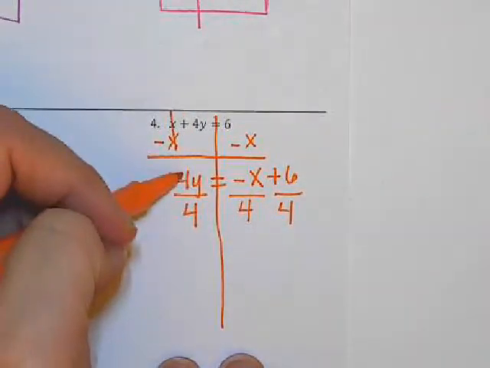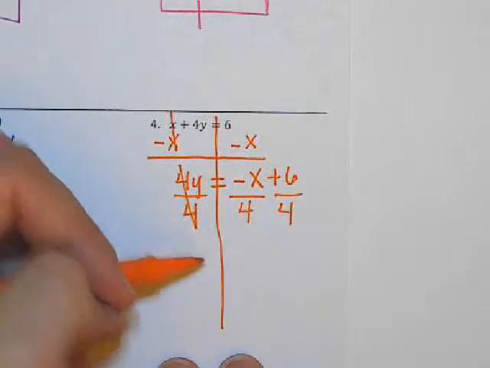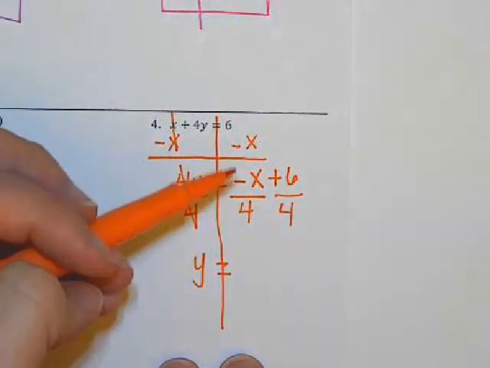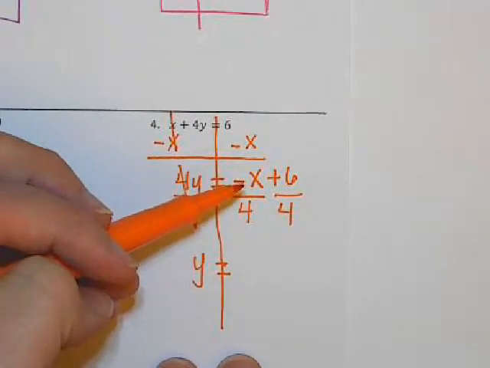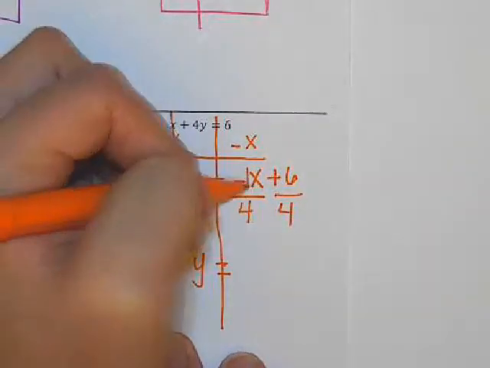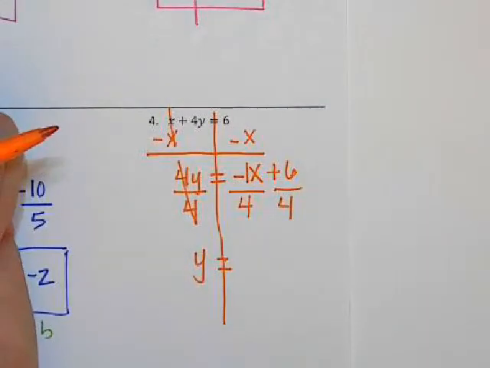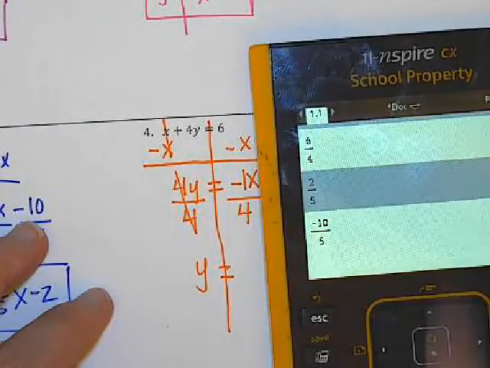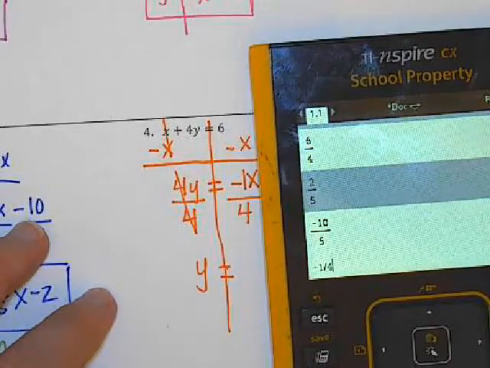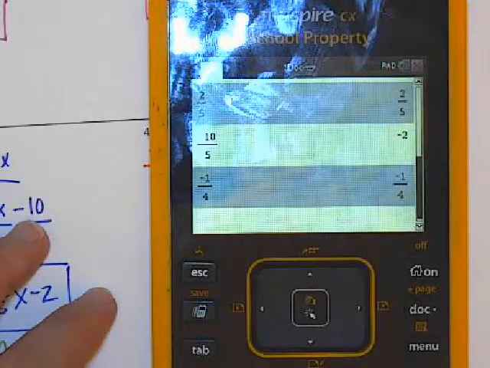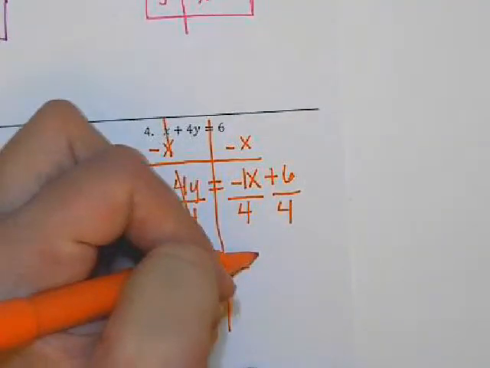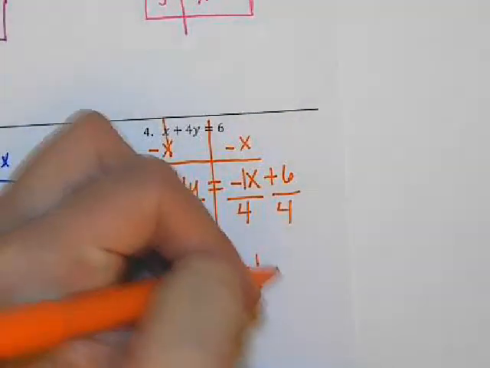4 over 4 gives me 1y, but I don't write the 1. Okay, now look here. This is different. What number's in front of the x? A negative 1. Negative 1 divided by 4 gives me negative 1 over 4. It's a fraction, so we're going to keep it as a fraction. Negative 1 over 4, and then I write the x after.